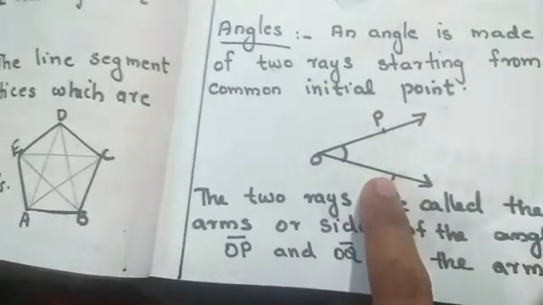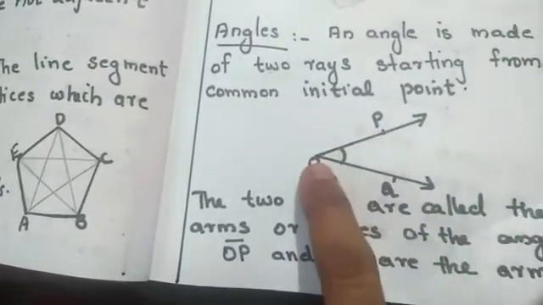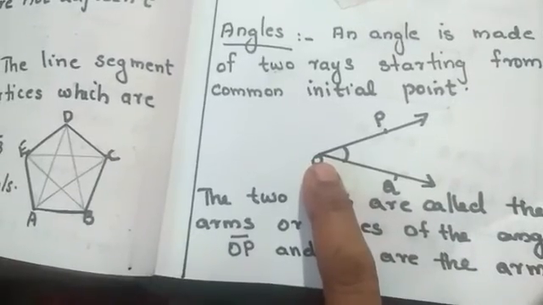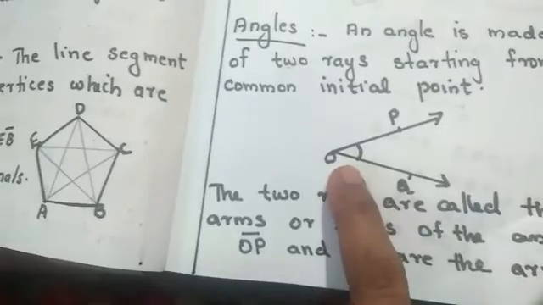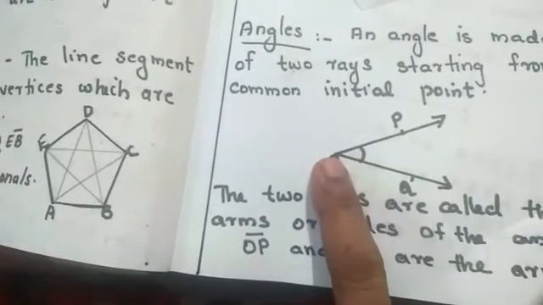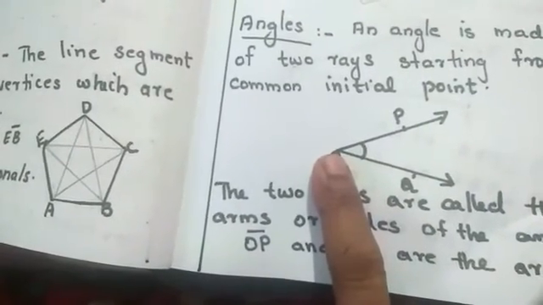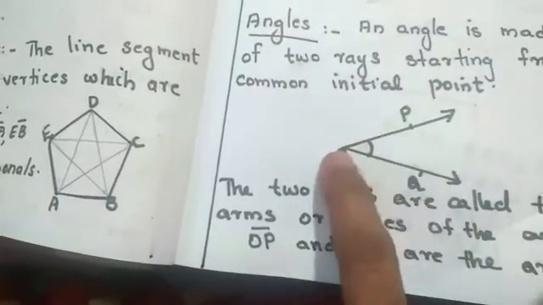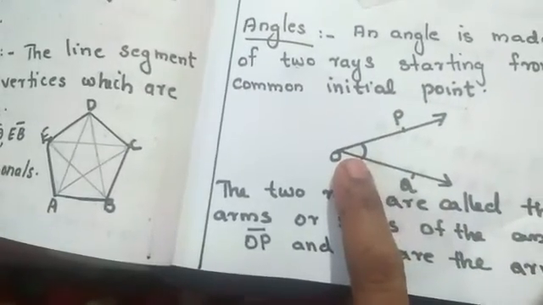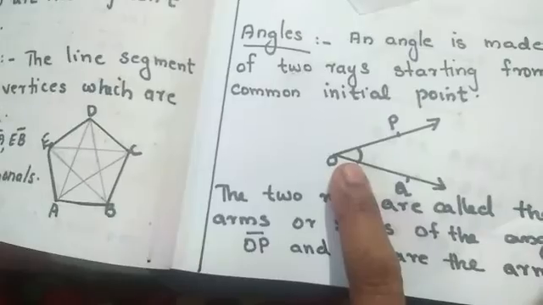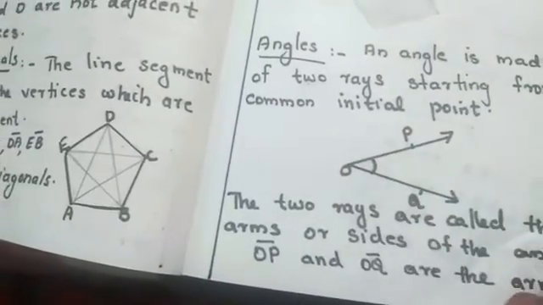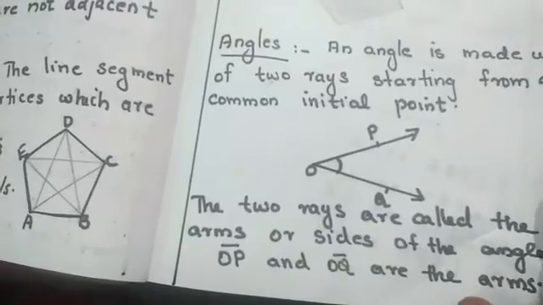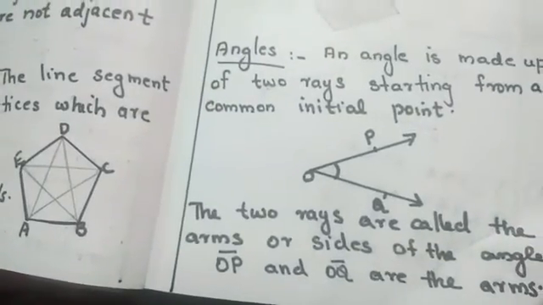But remember, the angle vertex should be in the middle. That means if we refer to this angle, this vertex should be in the middle of the three letters. Here P, O, Q, O must be in the middle. So you understood, children? Vertex of the angle, arms of the angle, and how we can refer to an angle. Okay.